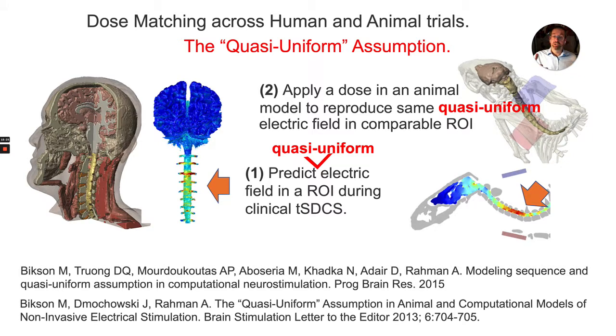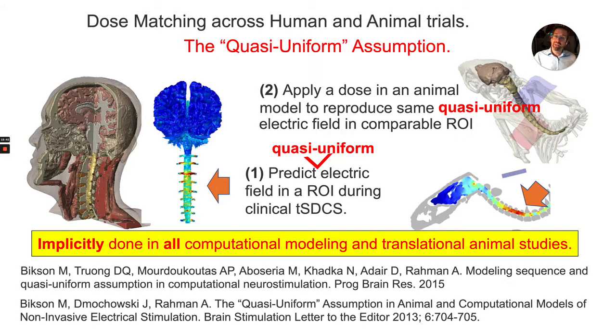And the bigger issue, which is that the electric field can't be matched everywhere, is still overriding. But with the quasi-uniform assumption, we sort of accept it. We just say we can't match the electric fields everywhere, so we're only going to do it in the ROI. And though we gave this thing a name, it's actually done universally. It's just done implicitly, because otherwise there's really no other way. It's done implicitly when people are doing these animal models and trying to scale things appropriately.